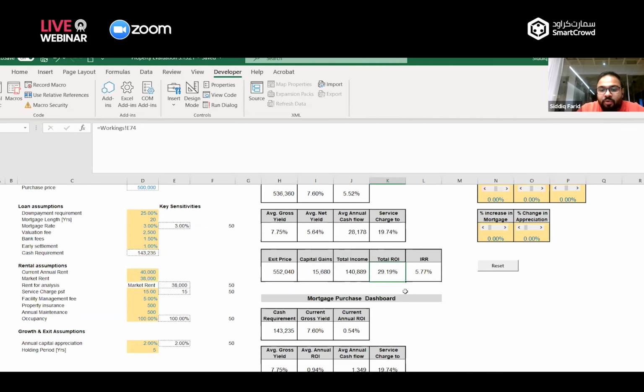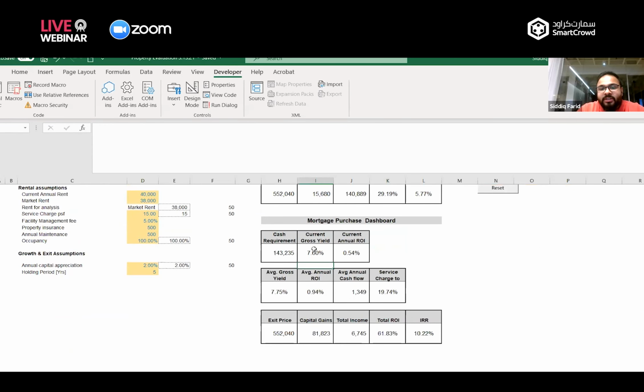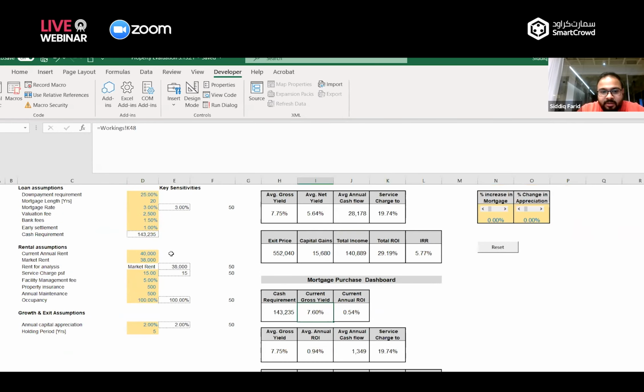Now, if you compare it to a mortgage one, you will see that your current gross yield is identical, because that's just the gross yield. Your cash requirement is obviously lower because you're borrowing money from the bank. But because you're borrowing money from the bank, you're paying monthly payments for your mortgage, and you can see your annual yield, your return on investment is next to nothing, because all the money that's coming in is going to the bank to pay for the interest and the principal, right?